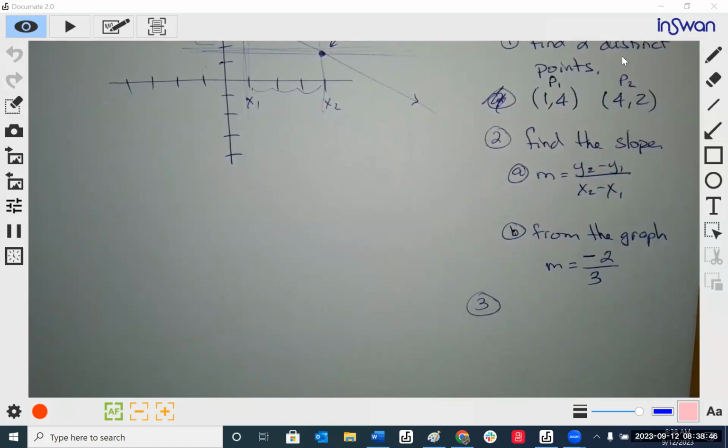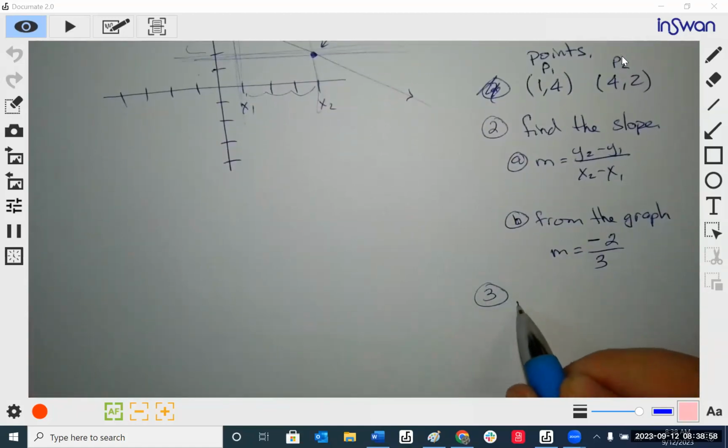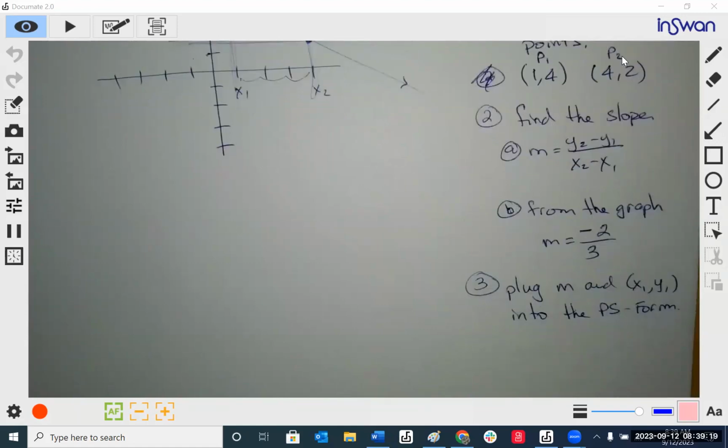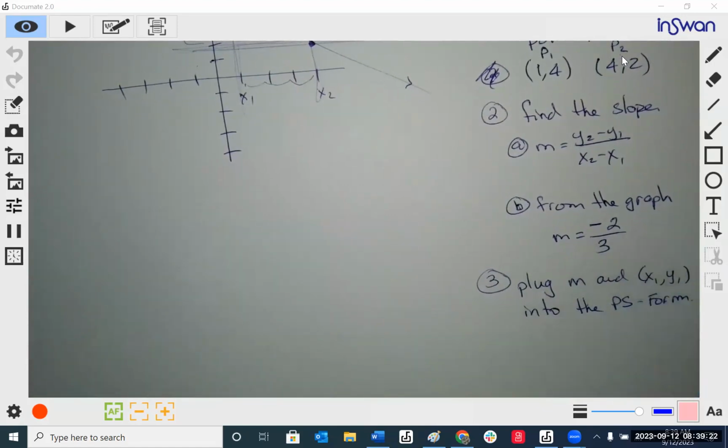Third step is what? You're supposed to pick a point, doesn't matter which one, and then plug the slope and the point into the point slope formula.